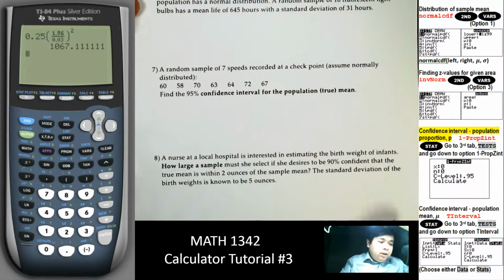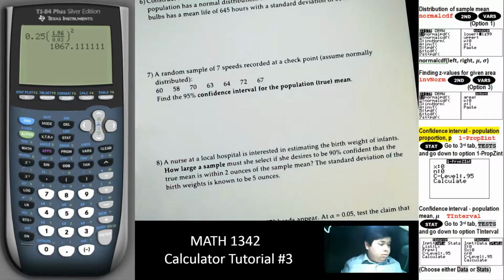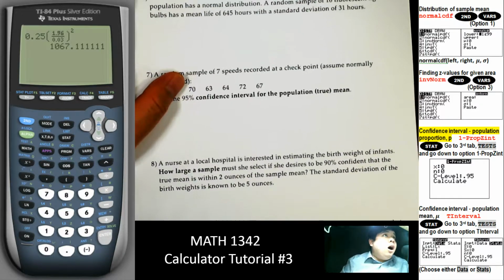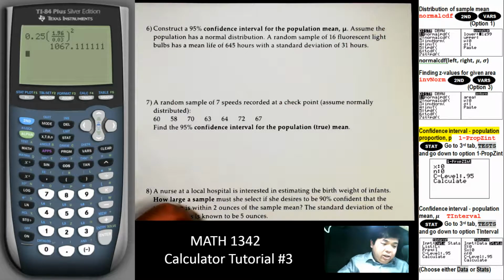Right, next. Right, next, number 6. This is the confidence interval for the population mean.